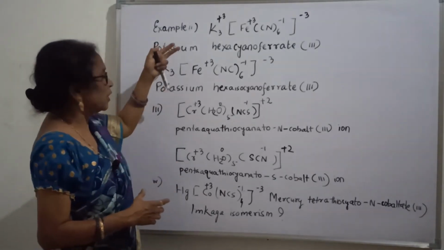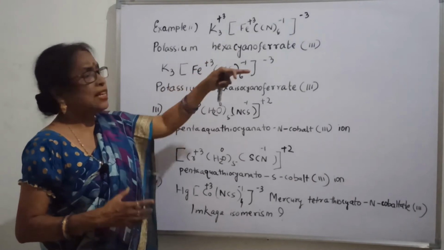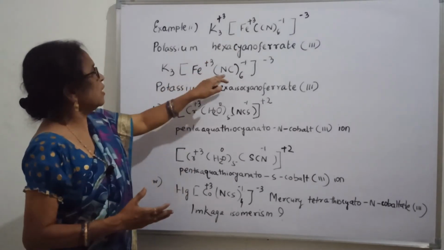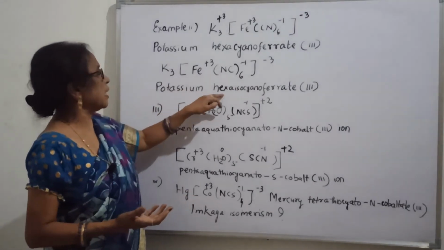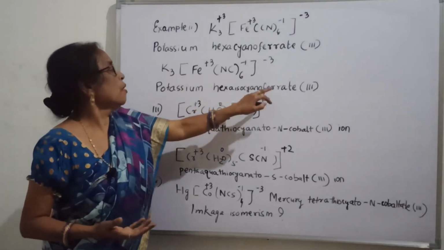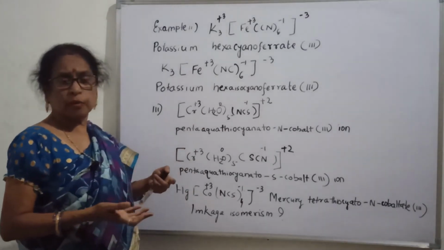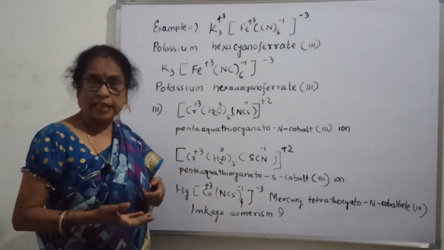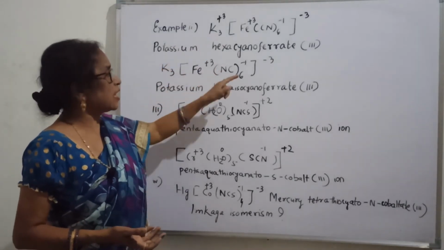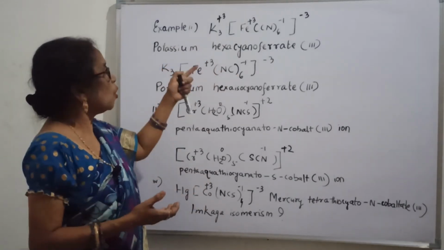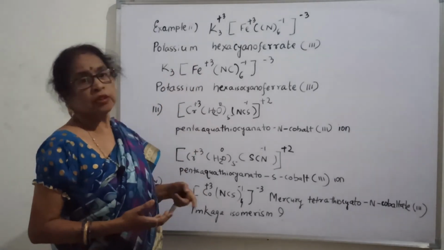Now what is the linkage isomerism? K3 remains the same, only CN changes to NC. That means isocyano. What is the name? Potassium hexaisocyanoferrate(III). The question may ask: an example of linkage isomerism is given, write down its linkage isomer and write the IUPAC names of both structures.